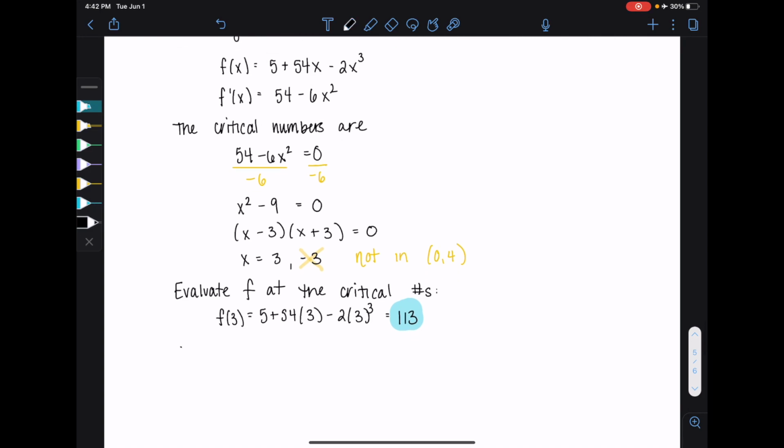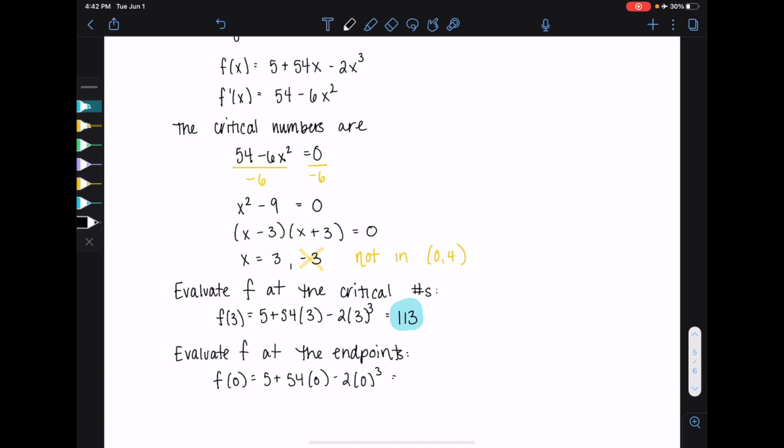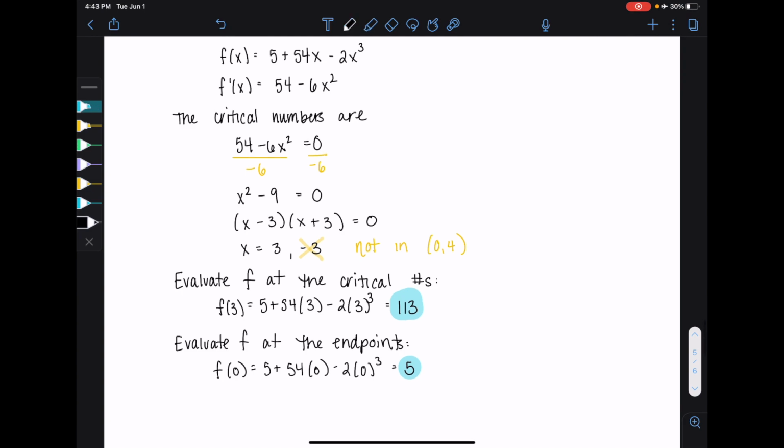Step 2, we evaluate f at the endpoints. So we plug in 0 to give us 5 plus 54 times 0 minus 2 times 0 cubed. 5 is a possibility for an extreme value. Now if we plug in the other endpoint, that would be 4, 5 plus 54 times 4 minus 2 times 4 cubed. If you go through and do that, it's 93.